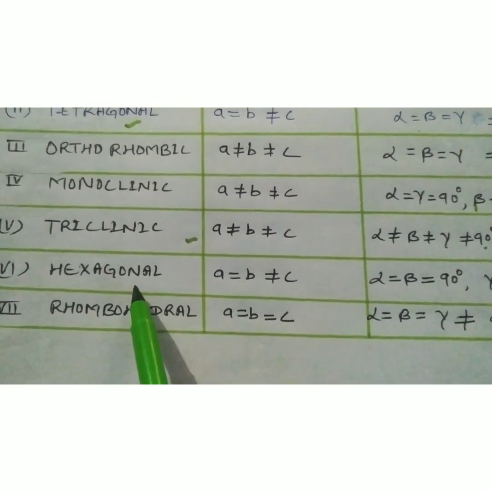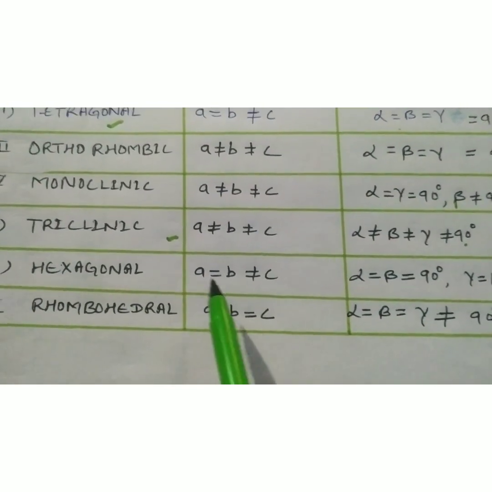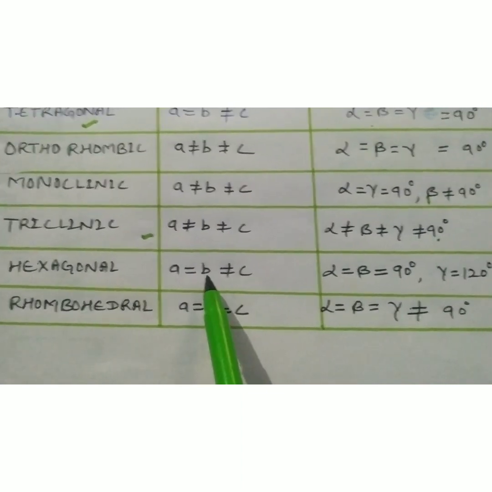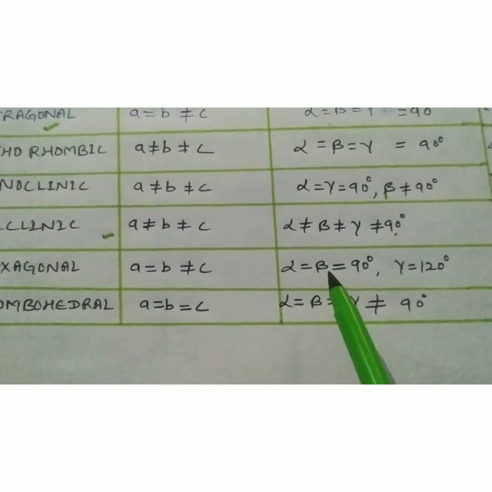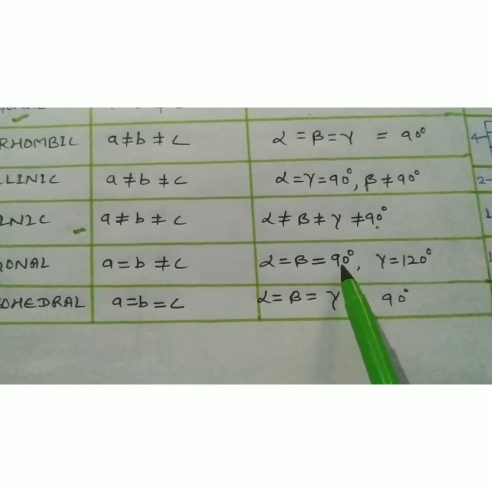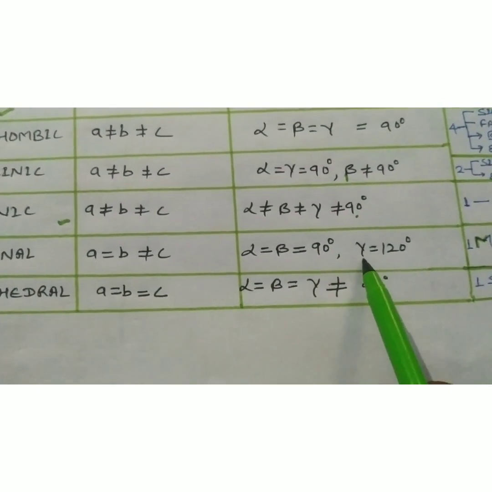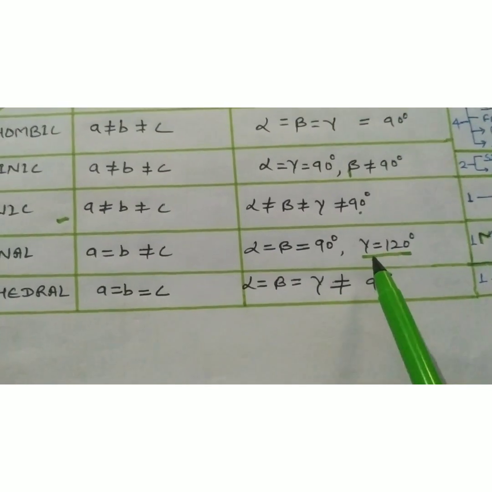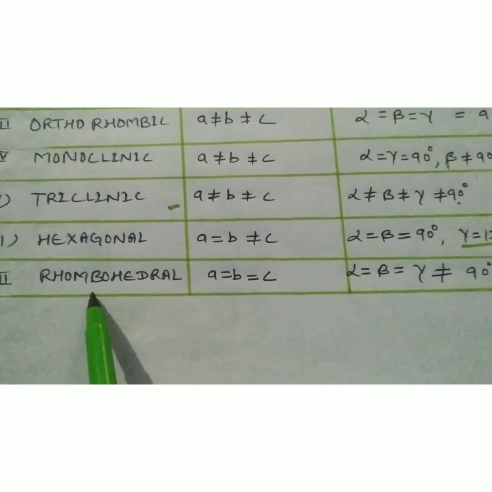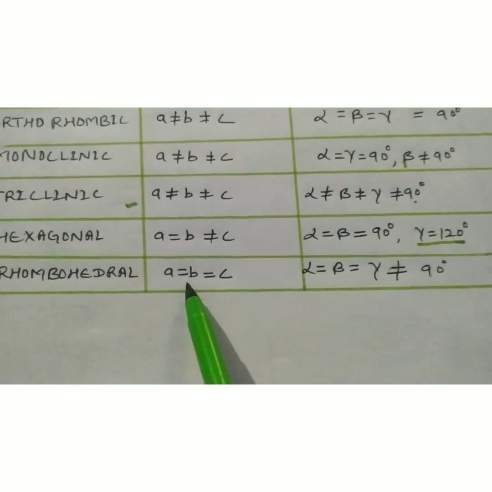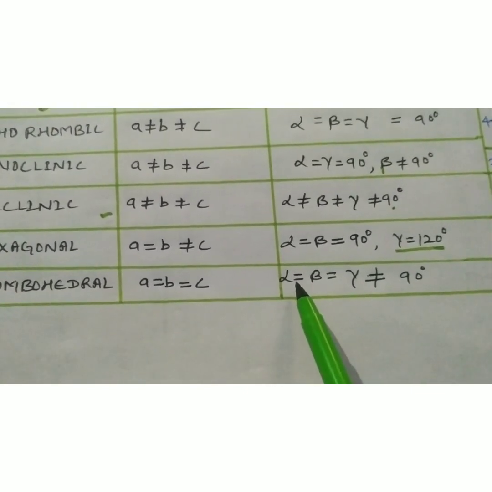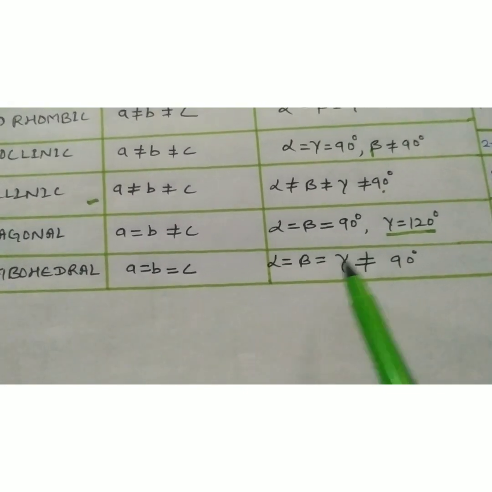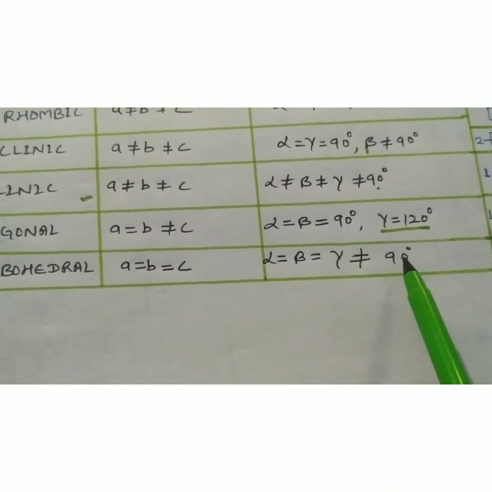Now hexagonal, in which A equals B, but A and B are not equal to C. Clear? Here alpha and beta will remain 90 degree while gamma will be 120 degree. Clear? And the last one is rhombohedral, in which length, breadth and height will be the same, but the axial angles alpha, beta, gamma will not be equal to 90 degree.